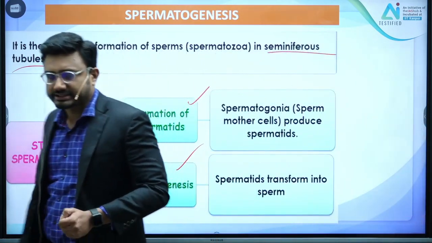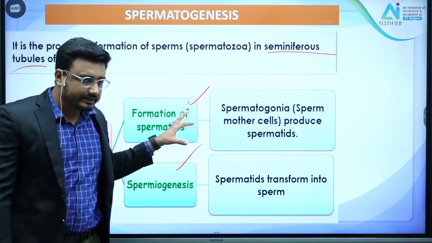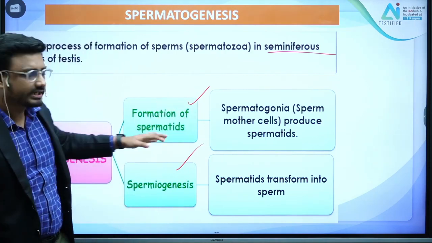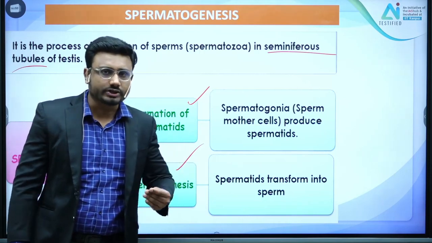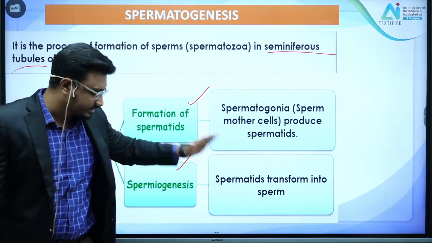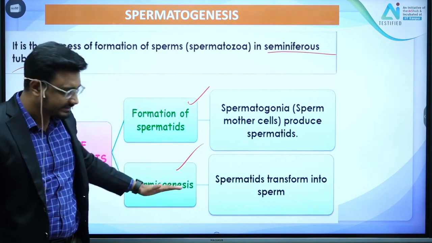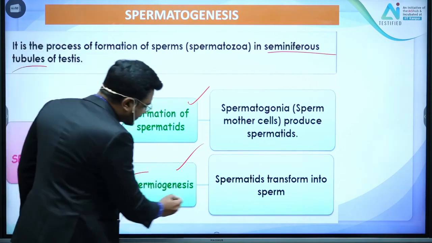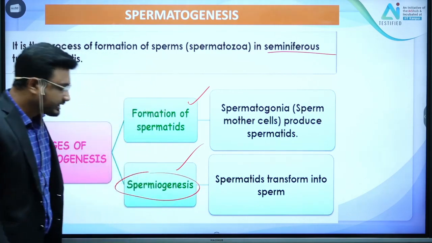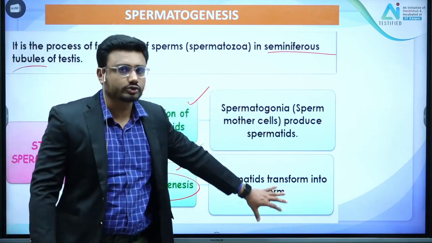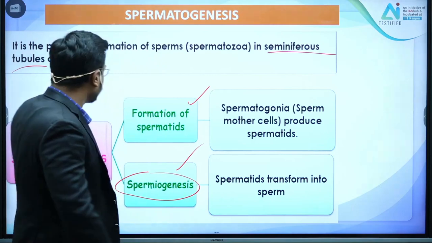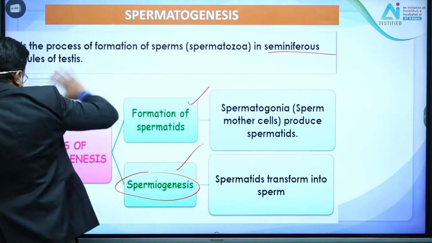In the formation of spermatids, the sperm mother cells, that is the spermatogonia, form spermatids. In the second stage, spermiogenesis, the spermatids transform into sperm. Now let's go through the next concept.